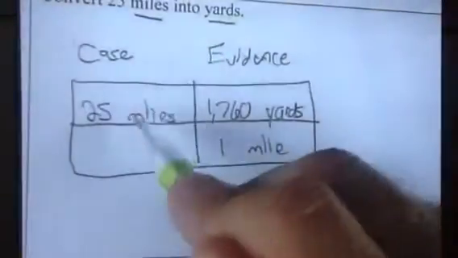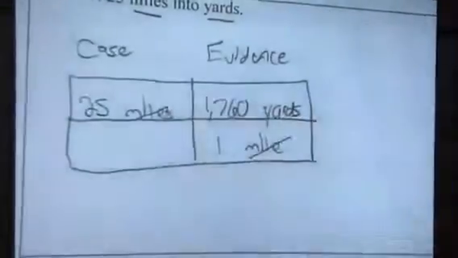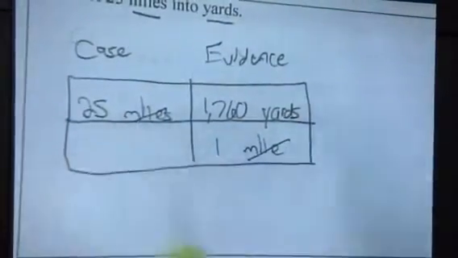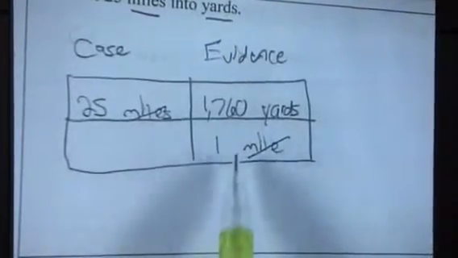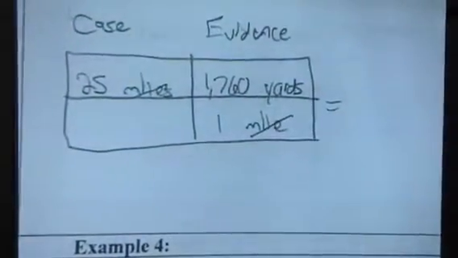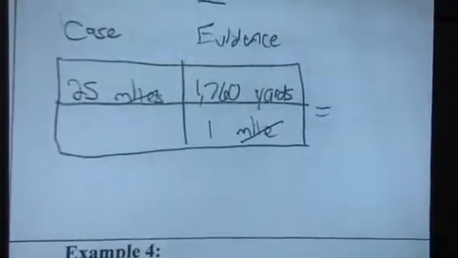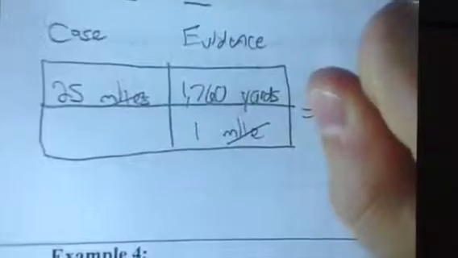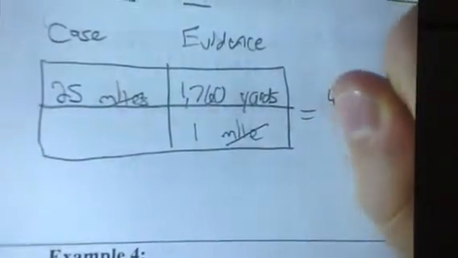The way that they cancel is by having the same unit in the numerator and the denominator. So that's how I knew to put the mile in the denominator and the yards in the numerator. So those cancel. Now I just multiply. I've got 1,760 times 25. That gives me 40. Excuse me. No, I was right the first time.